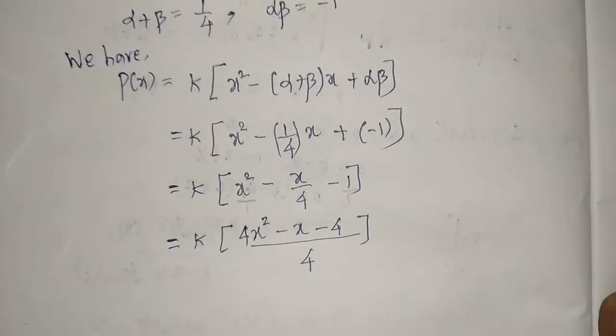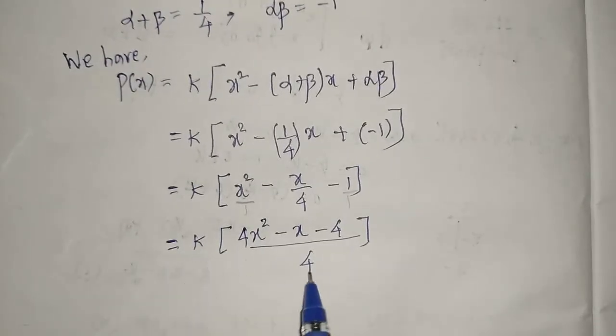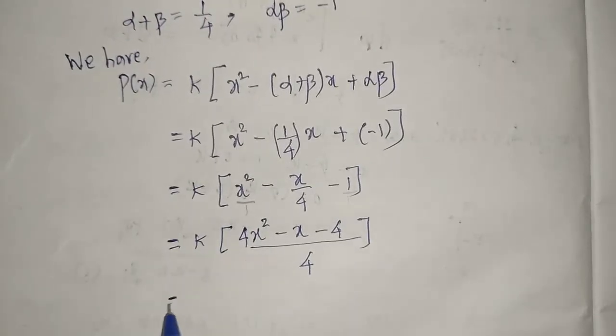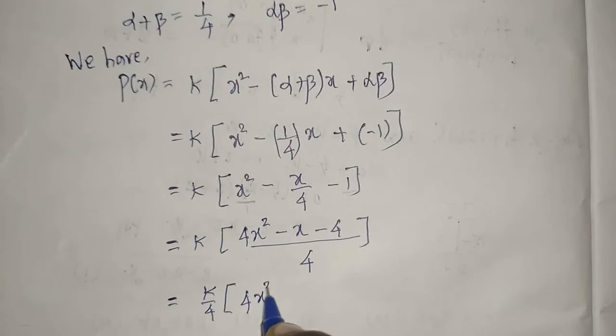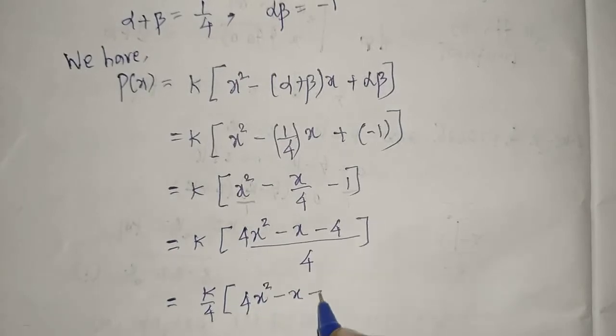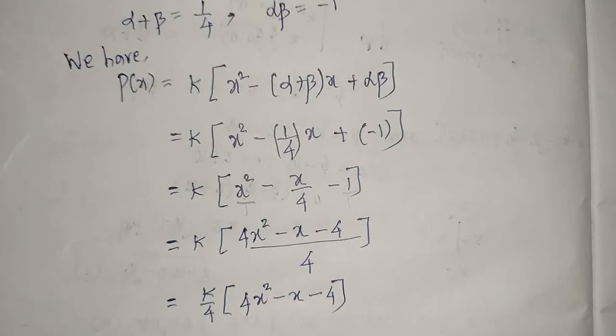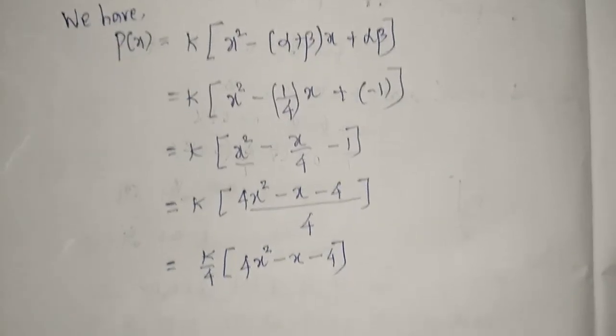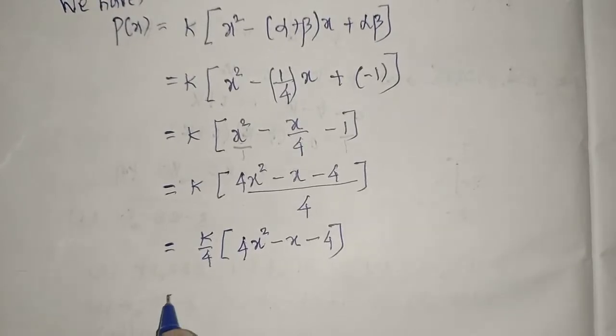Now next step, this is a constant, so I am taking it outside: k by 4 into 4x square minus x minus 4, that is our answer. When you are giving the final answer, no need to write the constant value inside the bracket. What we have, that alone you can write, no problem.